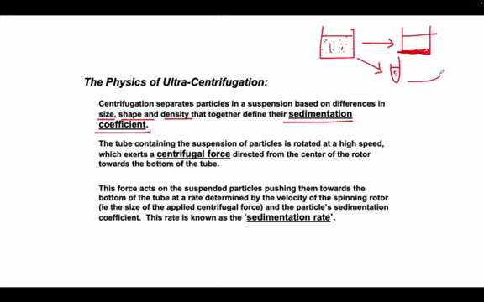When I spin it at very high speed, there's a centrifugal force acting on the particles, which is going to force them to settle at the bottom of the tube. So it is basically speeding up the process of sedimentation. The tube containing a suspension of particles is rotated at high speed, which exerts a centrifugal force directed from the center of the rotor towards the bottom of the tube.